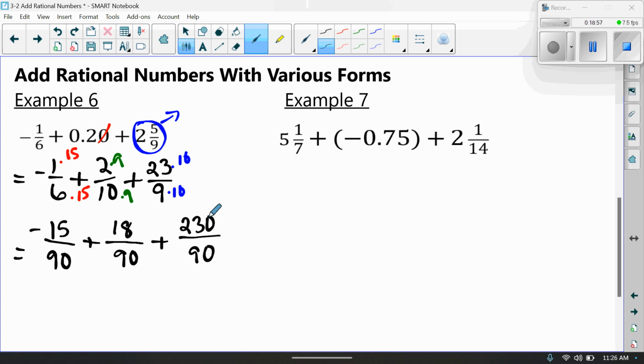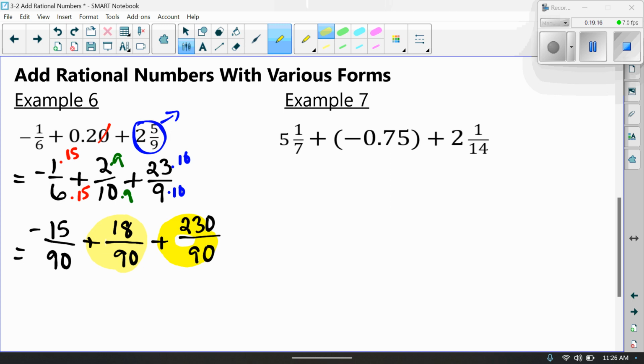So now we can combine our fractions, right? Can I put all the positives together and then do the negative? Can I add in any order I want? You can, because addition has the associative property. So we're going to put all of our positives together.